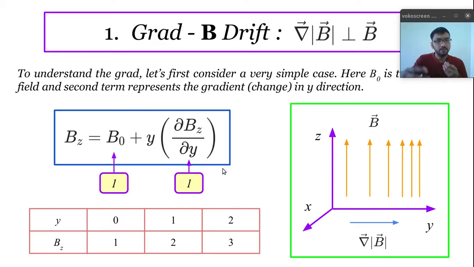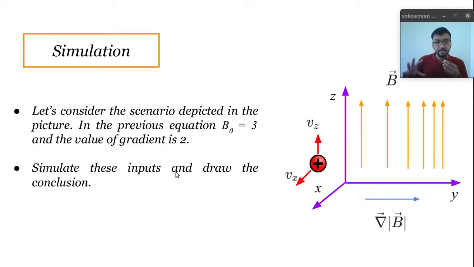And we want to study the dynamics of our charged particle. What will happen if we introduce our charged particle in such a scenario? Let's understand it via simulation. Here I have designed one example. It says, let's consider the scenario depicted in the picture. This is our charged particle.